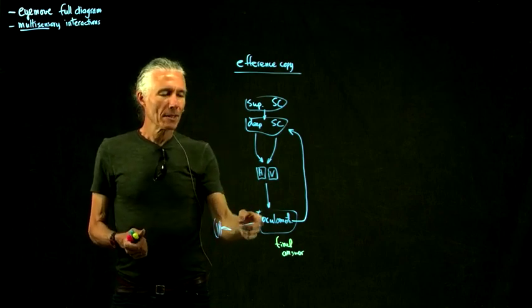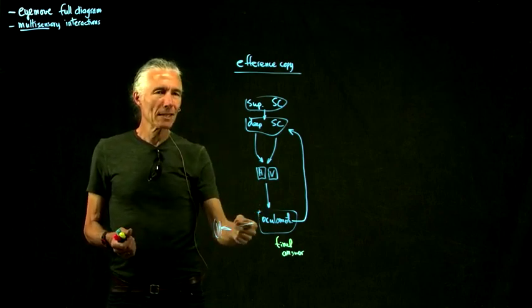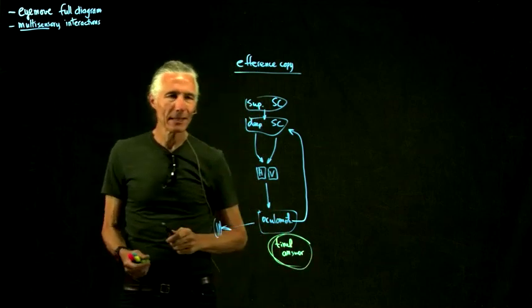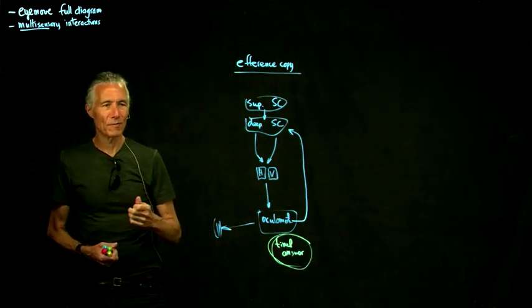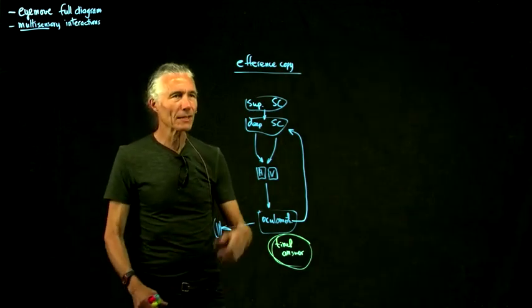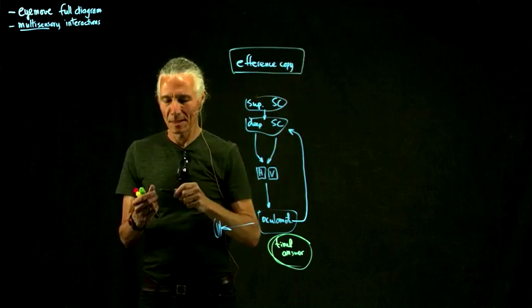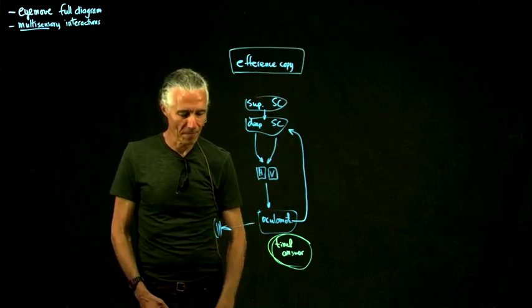But this procedure of siphoning off the final answer and feeding it back into the system is a critical concept, and that's called efference copy. And there's a lot of examples of it in the motor system.